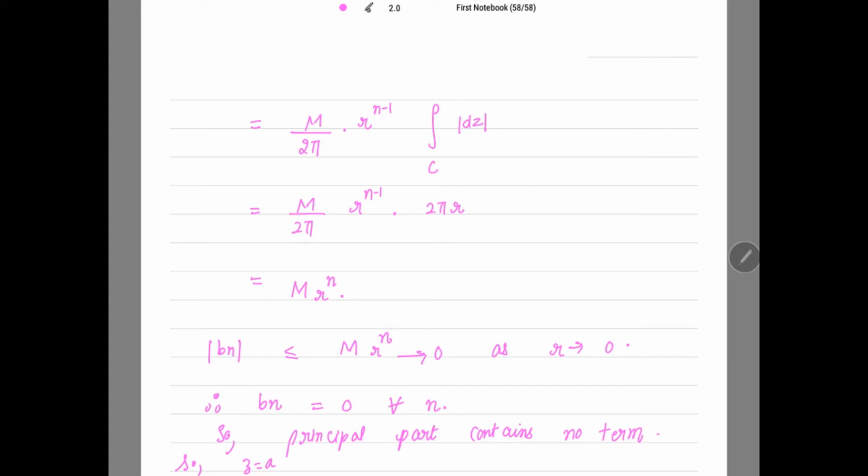So r can be any real number, very, very small, almost nearer to 0. That's why r is tending to 0. So z equal to a is a removable singularity, hence proved. Here the proof ends.